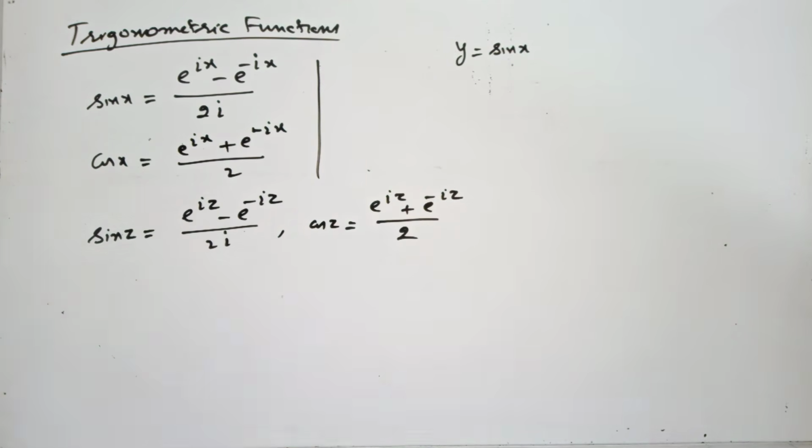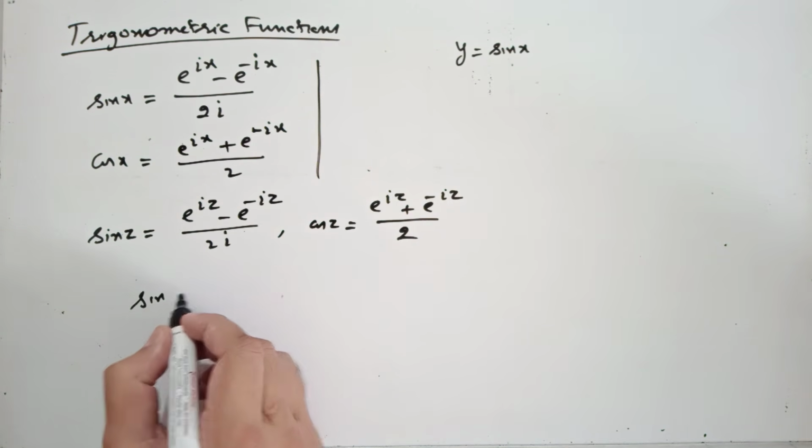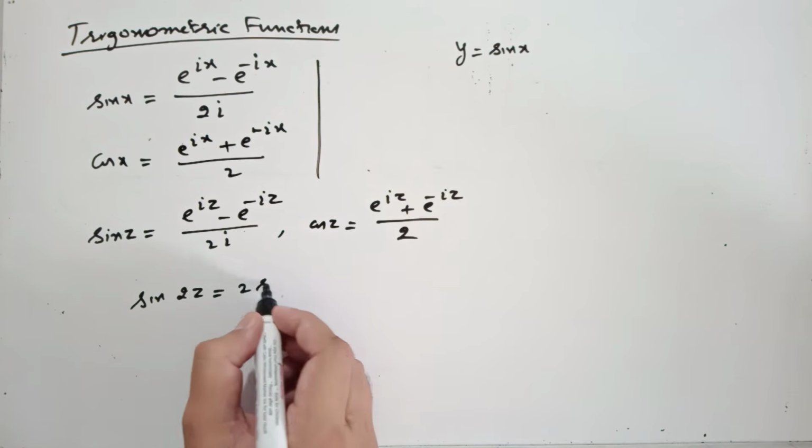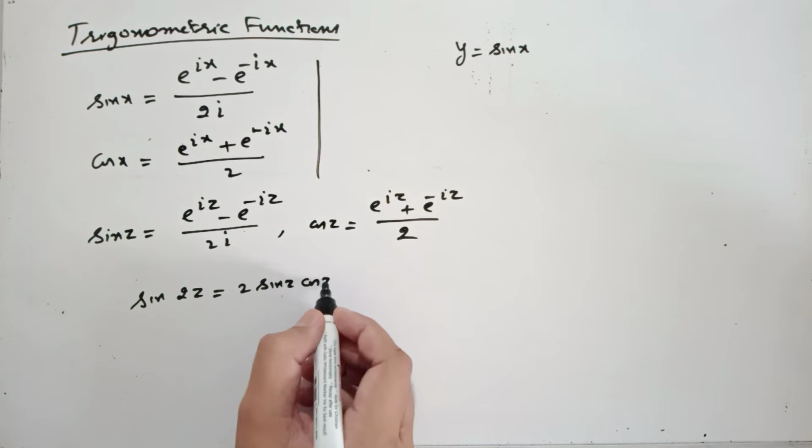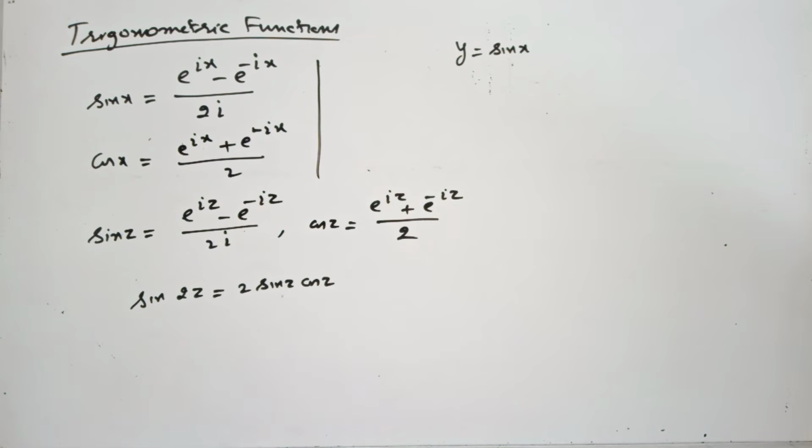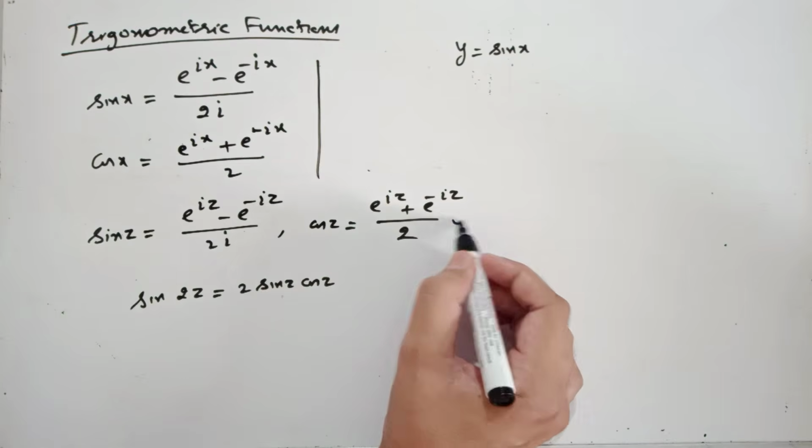Following these definitions, you can verify the properties of these functions that you do in reals. For example, if you want to show sin 2z equal to 2 sin z cos z, you can show it easily following these definitions. So various properties of real trigonometric functions can be verified for complex trigonometric functions because the definitions are similar.